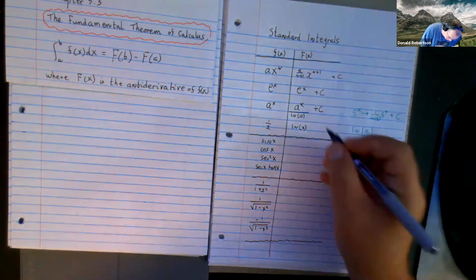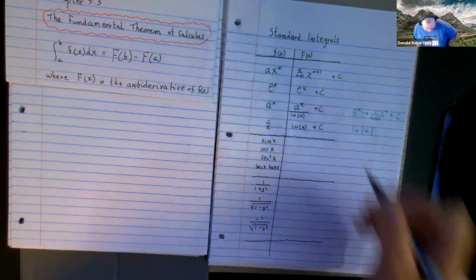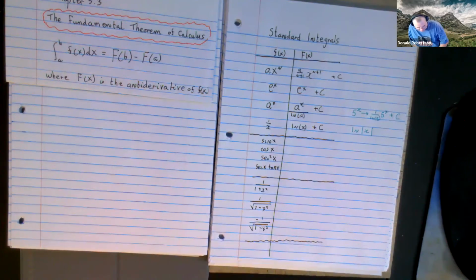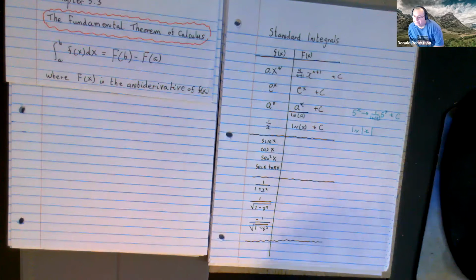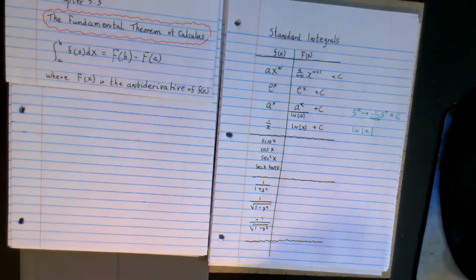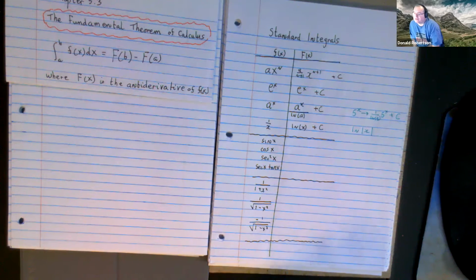Anybody, any ideas why sometimes, even WebAssign is not that consistent, they stick an absolute value around the thing? Is it always positive anyway? Yeah, it should be positive anyway, but in case it isn't, it kind of covers your butt.